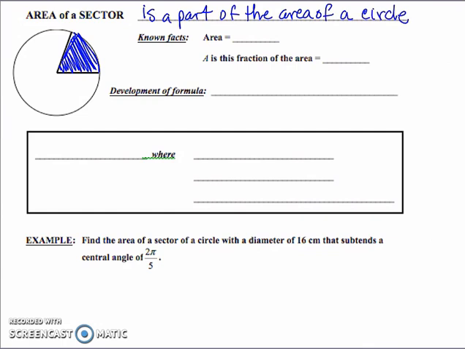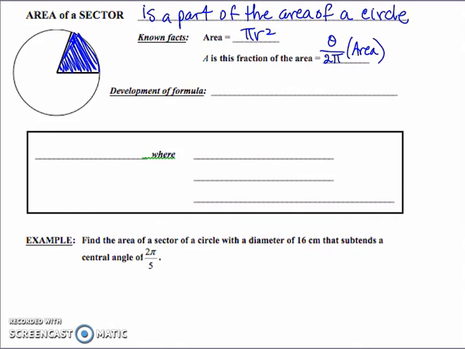Some known facts. We know that the area of any circle is equal to pi times its radius squared. So if we're trying to find the area of a sector, we're trying to find a fraction of the area of a circle, right? So again, that fraction is theta divided by 2 pi times the area of the circle.